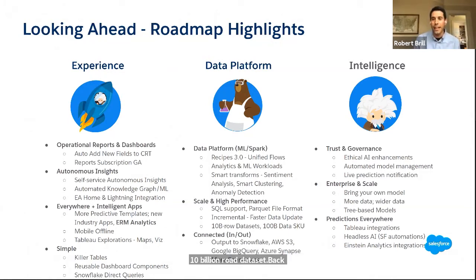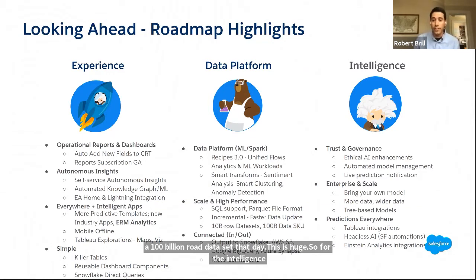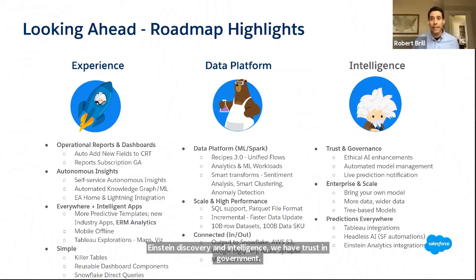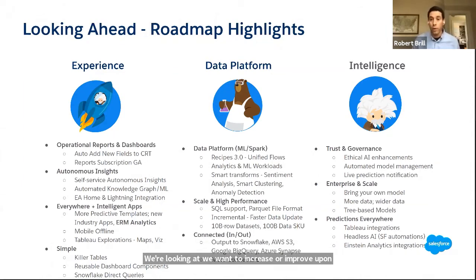Okay, so for the intelligence track, we are broken down into 3 different areas that we're really focusing on. So Einstein Discovery, Intelligence. We've got trust and governance, where we always want to improve upon our ethical AI. What we did in the summer release with the sensitive fields, there's a lot more that we can do, especially with guiding our users on what to do with all that information.